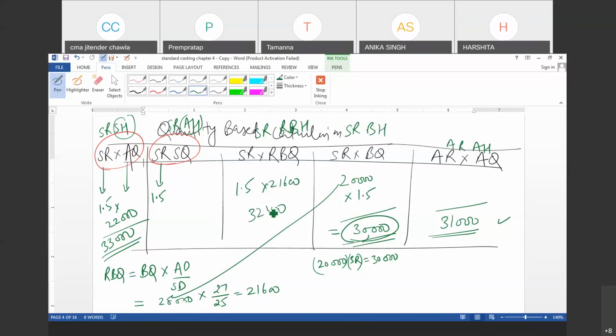Now SQ. What is SQ? SQ means standard quantity for what output? Actual output.